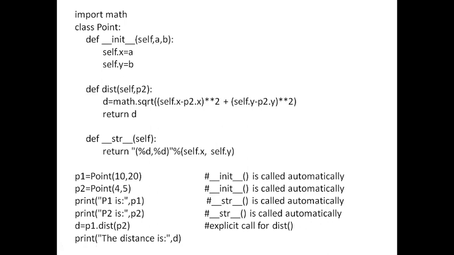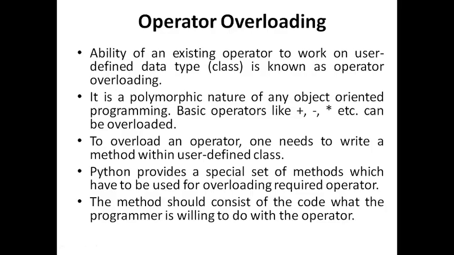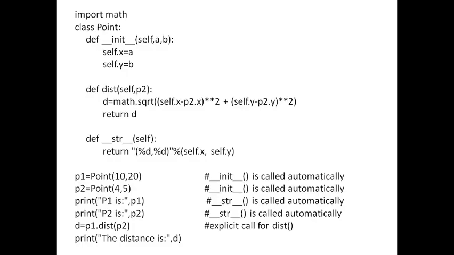Then this will find the distance, and the distance will be displayed here. Again, this distance is in terms of point. It is a tuple. Some things we'll see about this program here.